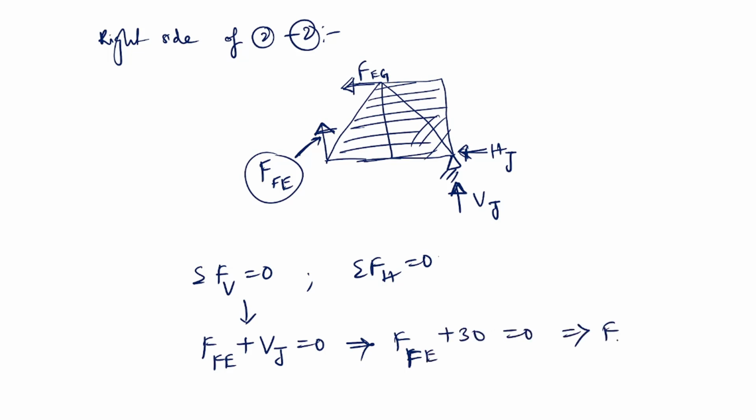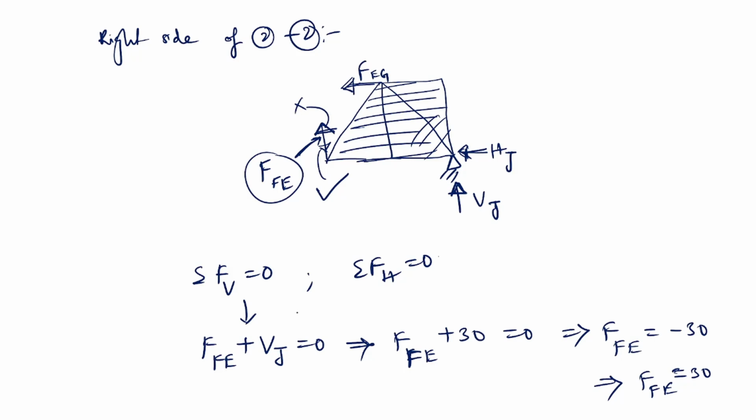So what did you understand? FE is minus 30, or FE is 30, but the direction you have to change. You assumed the direction wrong, so the direction should be downward. This is wrong, this is right. If you had taken that direction directly, you would have taken the downward force as negative, then VJ would have been directly FE.